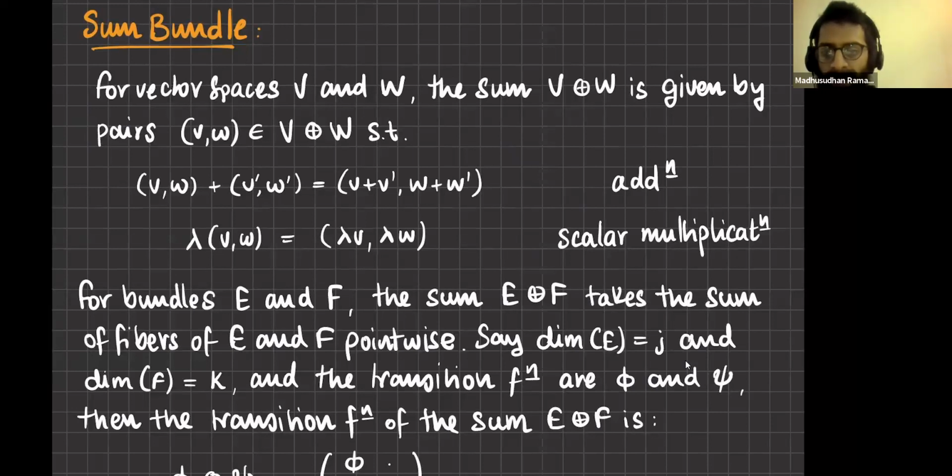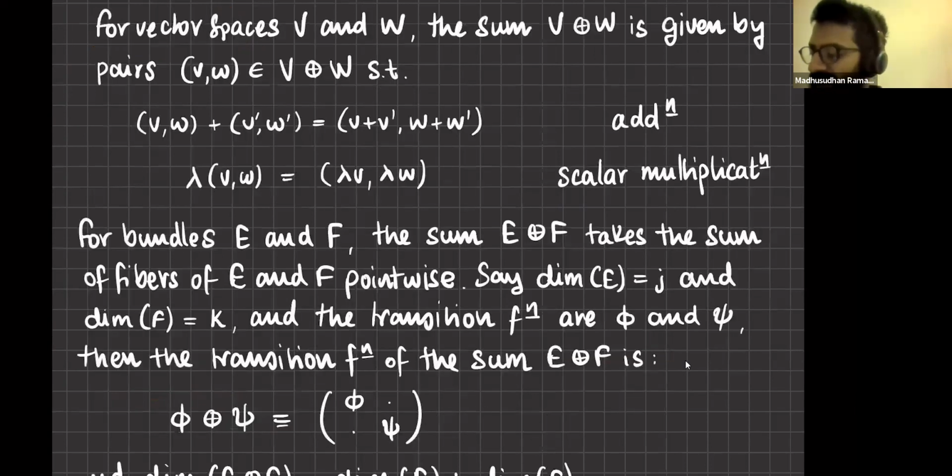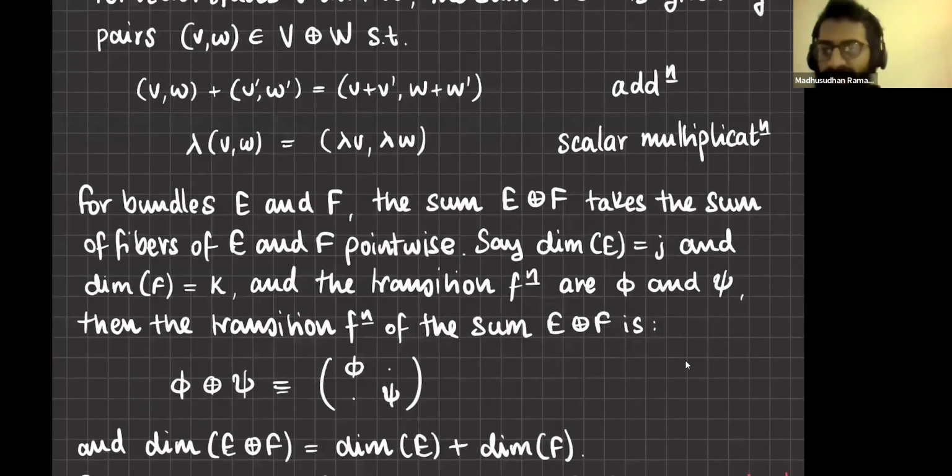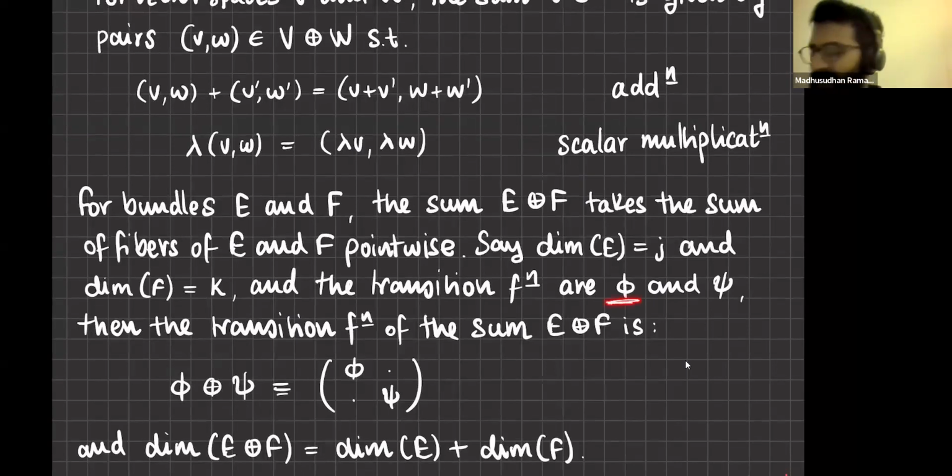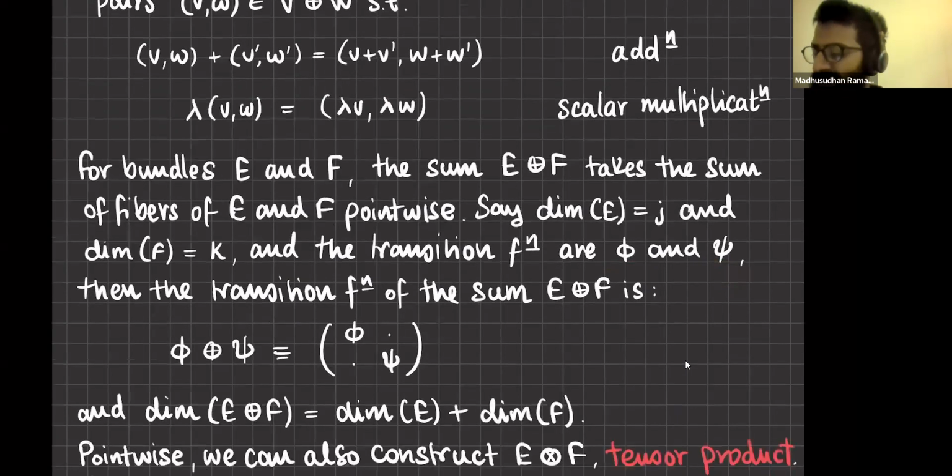For example, if the bundle dimension of E is J and the bundle dimension of F is K, and the corresponding transition functions are phi, a J cross J matrix, and psi, a K cross K matrix, then the transition functions of the sum are just this block matrix, where these entries are 0. The bundle dimension of the sum is just the sum of the bundle dimensions of the individual bundles you started out with.